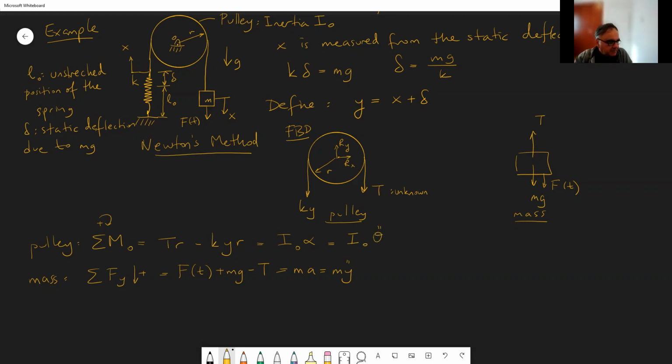Okay. But there is one more thing. We need a kinematics equation which connects y displacement to theta: y equals r theta. This is a no slip condition.